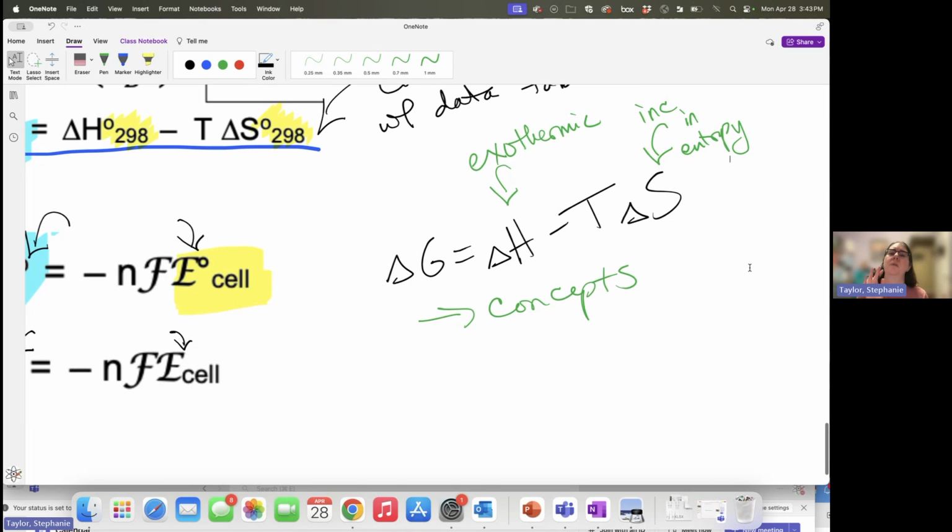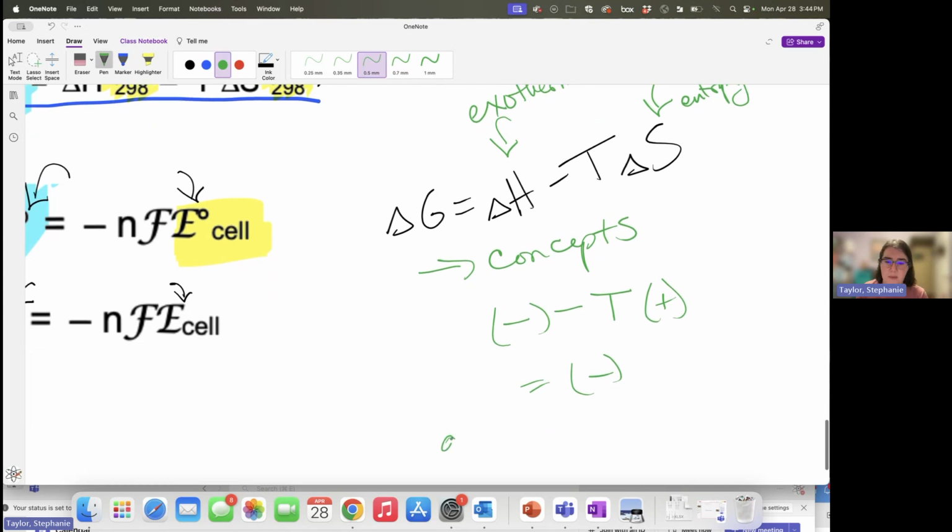So for the things I put in there, since an exothermic reaction would have a negative value for enthalpy, and then increasing in entropy would be positive, a negative minus temperature times a positive, this whole thing is negative. And so since you expect then your delta G value to be negative no matter what, because both your enthalpy and your entropy essentially are favoring spontaneity, we would expect this to be spontaneous at any temperature.